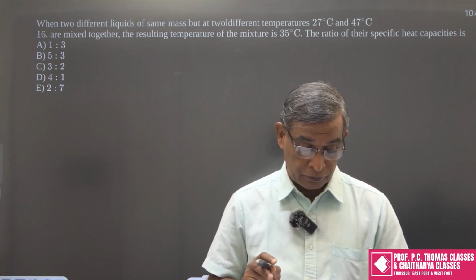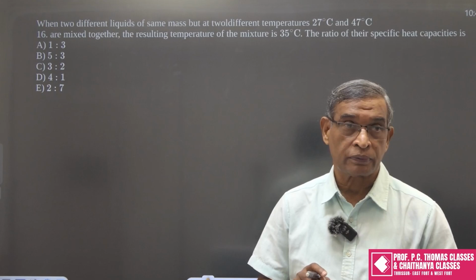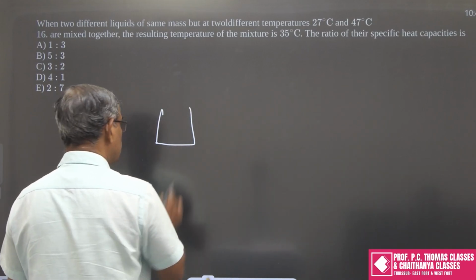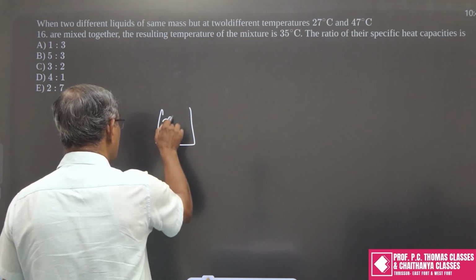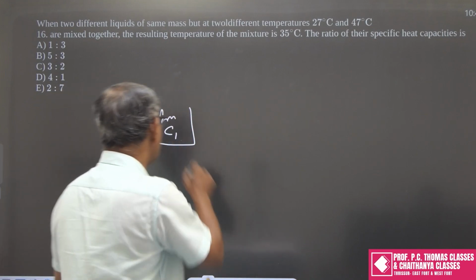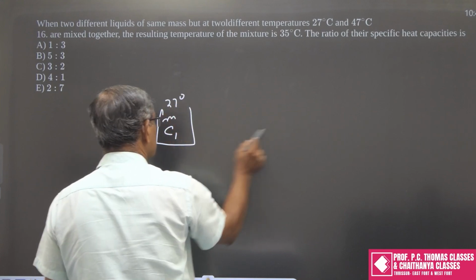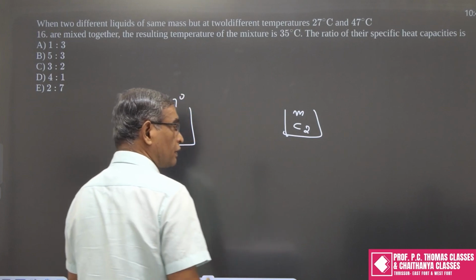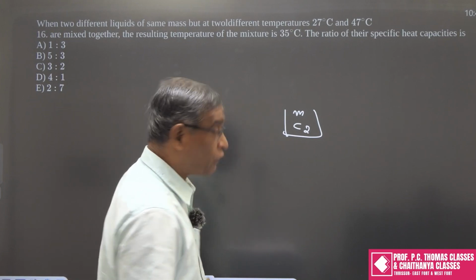Then find the ratio of the specific heat capacities. Equal mass. Suppose this is the first liquid, specific heat capacity C1, mass M, at the temperature 27 degree. This is the second liquid, same mass, another liquid with different specific heat capacity, and the temperature is 47 degree.